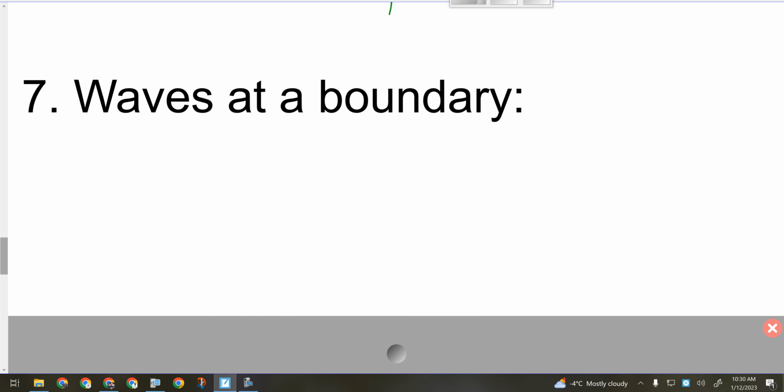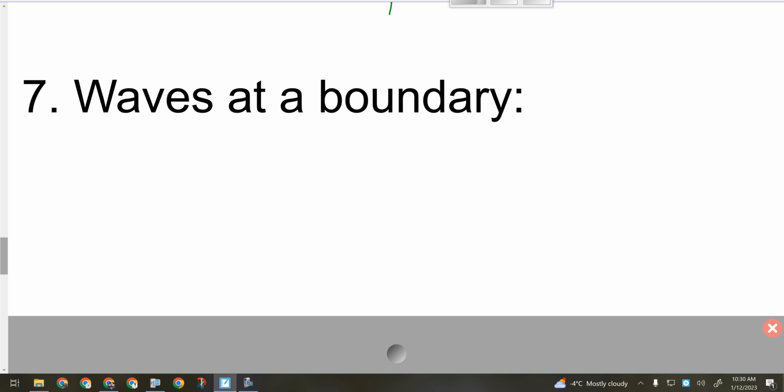Other things we have to know. What happens to waves when they hit a boundary? There's some reflection and some transmission. Will we need to know the relationship between whether it's going into a faster medium and the nature of the reflected wave? Yes.